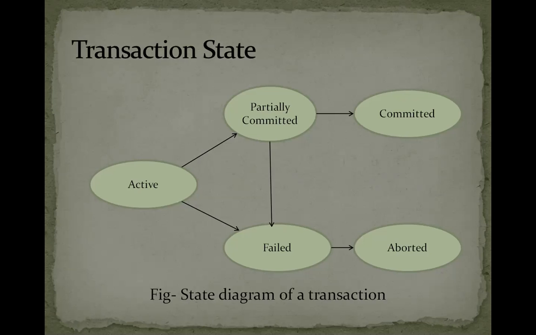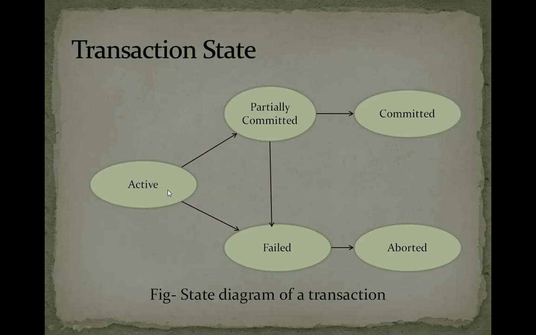So therefore, we need to be more precise about what is actually meant by the successful completion of a transaction. Therefore, we are going to frame an abstract transaction model which has different states as shown in this particular figure: active, partially committed, failed, committed, and aborted.